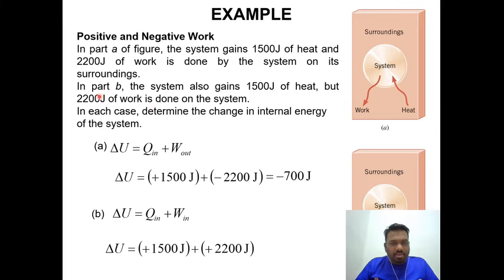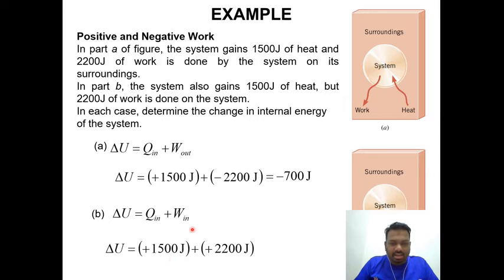In part B, the system also gained 1500 joule of heat, but 2200 joules of work is done on the system. So from outside, work is done, meaning energy is entering. Here you have the same formula, but the direction will be different. The heat is entering and work is also entering, so Q in plus W in.